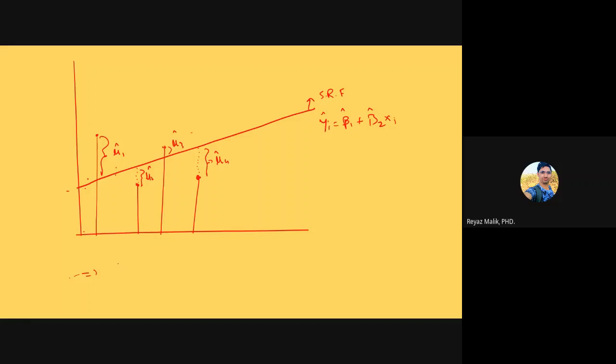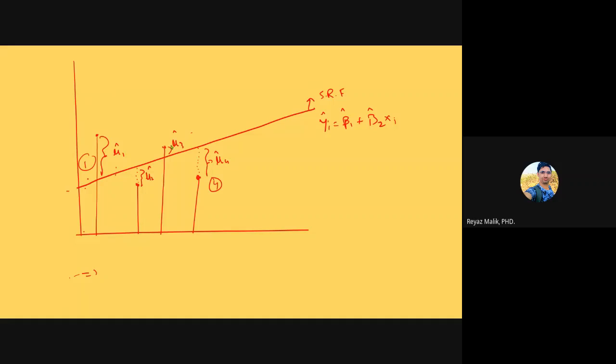Consider the first case and the fourth case: the difference is the same. Second and third, the difference is the same. You can plot more points in it, that's not the problem.